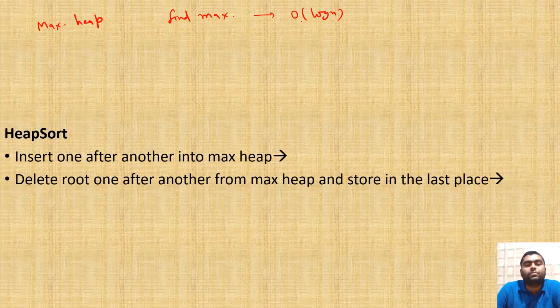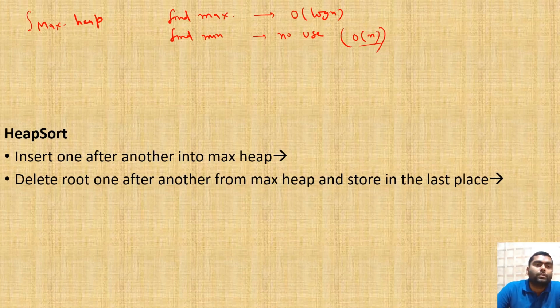Basically finding is constant because the root node is the maximum element, but after deleting and using that root node, adjustment will happen, and that takes log n time. Okay, and find minimum, so it is basically no use because simply in an array you are finding the minimum, so it is an unsorted array, max heap array, so it will take order of n time, not of much use.